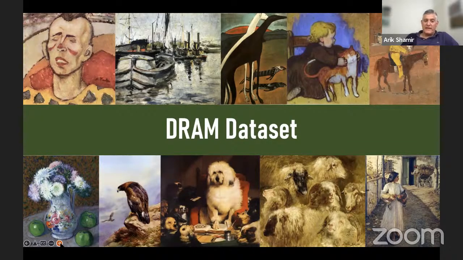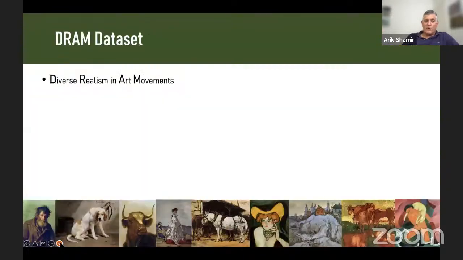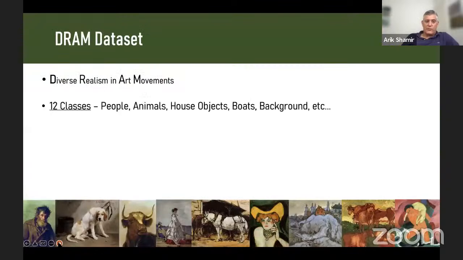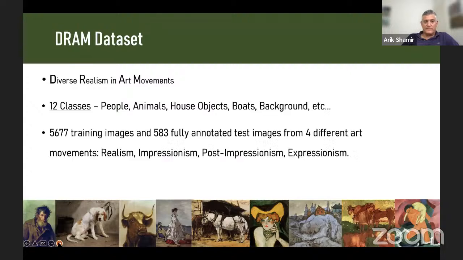We needed data in order to test our algorithms and also to train. This data set contains 12 classes: people, animals, house objects, and so on, similar to the Pascal segmentation data set, which is on real images. We gathered around 5,600 images of 4 different types of art movements: realism, impressionism, post-impressionism, and expressionism, because as I told you, you can't look at artistic images as one domain.